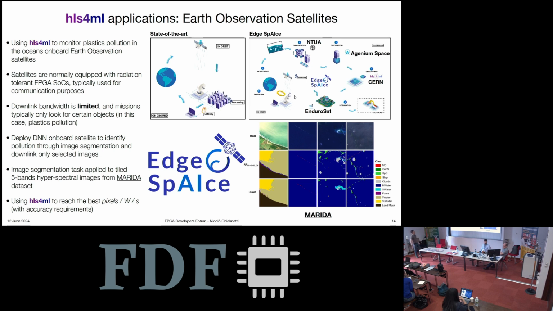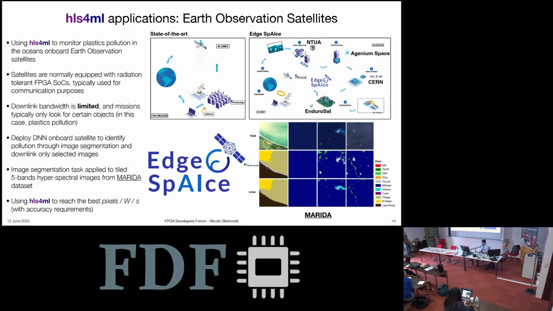The last one I would like to present to you is related to Earth observation satellites we are currently working on. With three other partners, the University of Athens, Endurosat, and Agenium Space, we are working on a segmentation model for pollution detection in the oceans.